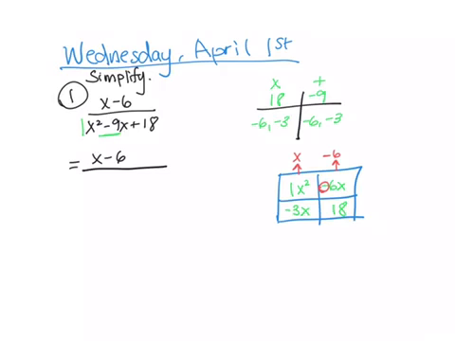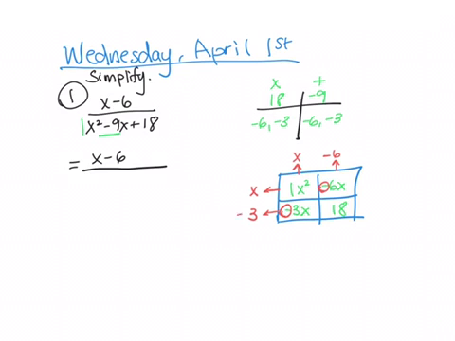If the arrow leaves a box that has a negative, then the number becomes negative as well. Here, x squared and 6x have a common factor of x. And here, negative 3x and 18 share a common factor of 3. Again, because of this negative, that will be a negative 3.